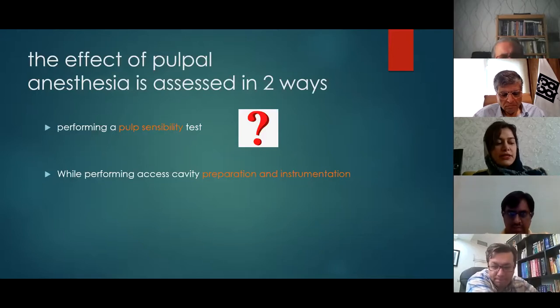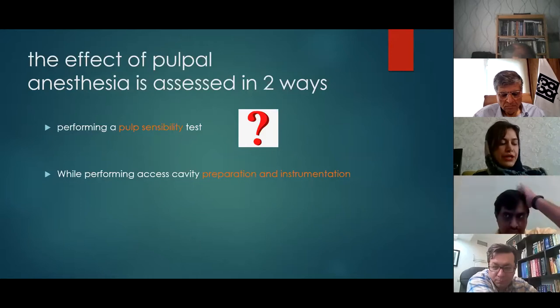Generally, the effect of pulpal anesthesia is assessed in two ways. One, by performing a pulp sensibility test like a thermal test or EPT, and the other is while performing access cavity preparation and instrumentation.